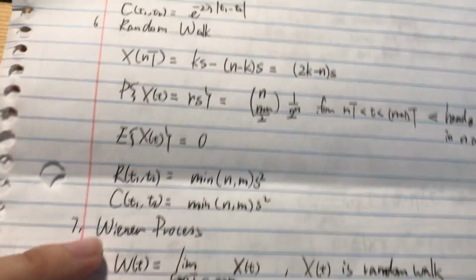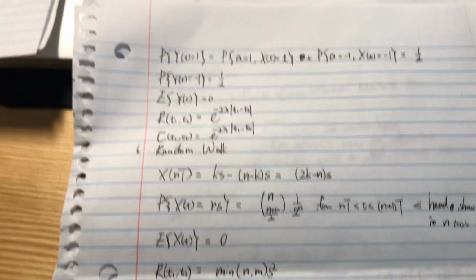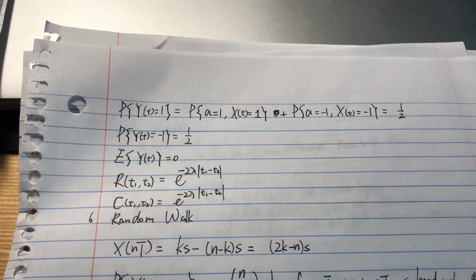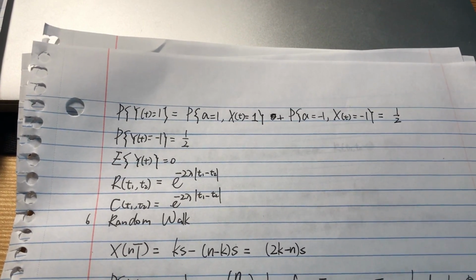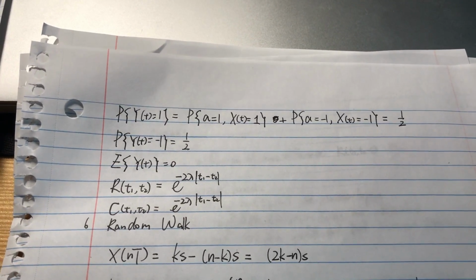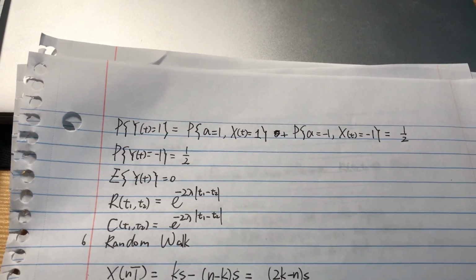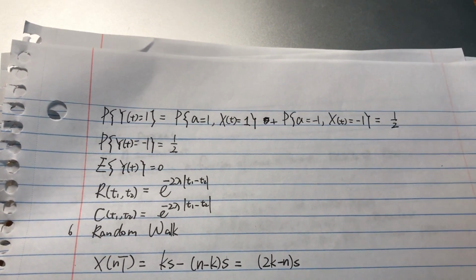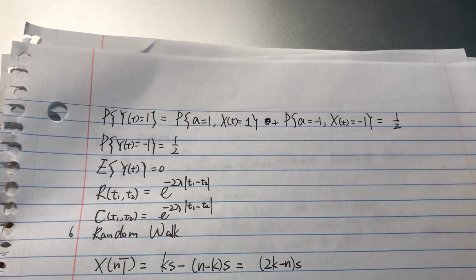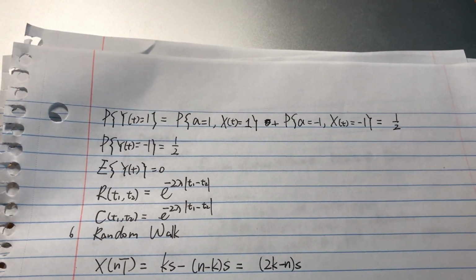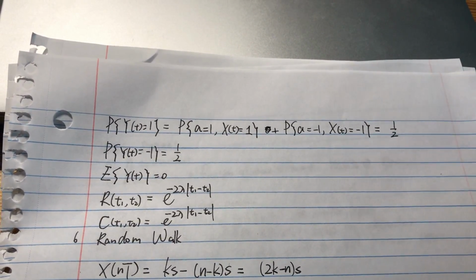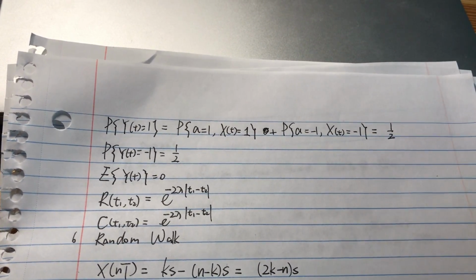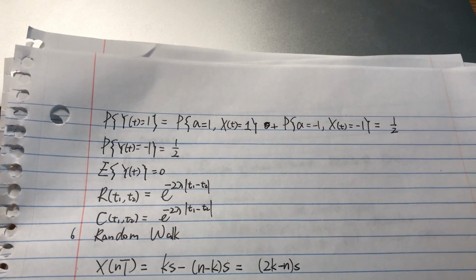So for this one, we compute the density function. The first one is when y is equal to 1, and we have two circumstances. The first one is both a and x equal to 1, and the other is both of them equal to minus 1. So we know the final probability is 1 over 2.